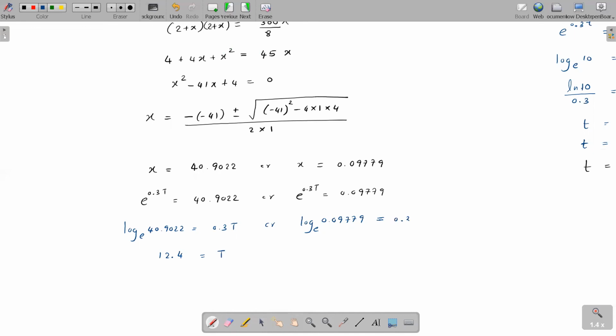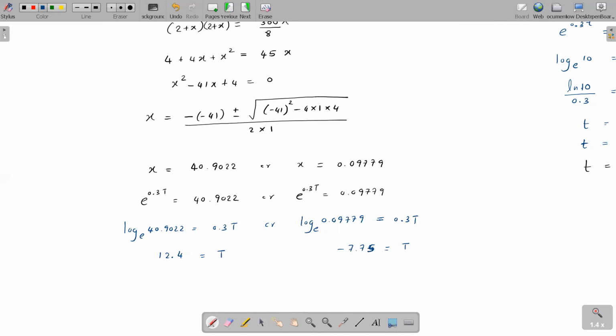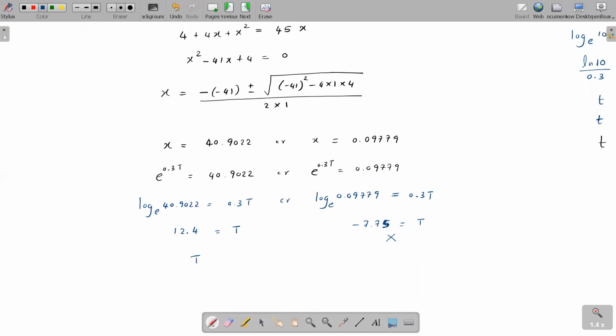So time equals minus 7.74. You can't get a negative figure for time, so we don't take this figure. This is not the answer. The correct answer for this question is 12.4 years.